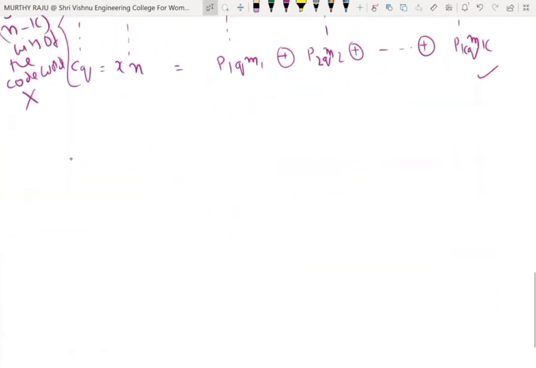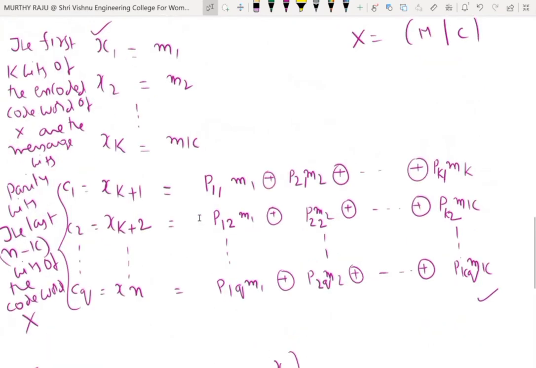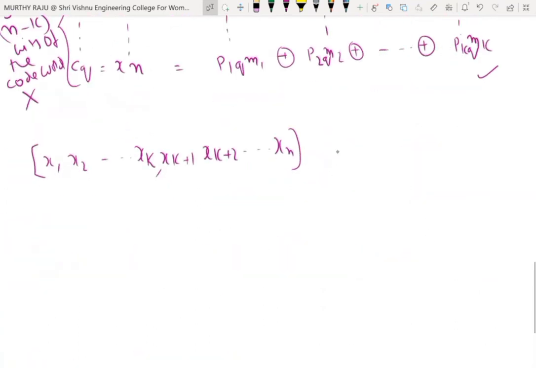First write down this one: x1, x2 and so on, xk, xk plus 1, xk plus 2 and so on, xn is equal to the message vectors, message m1, m2 up to mk, and some linear combinations that will be represented here.